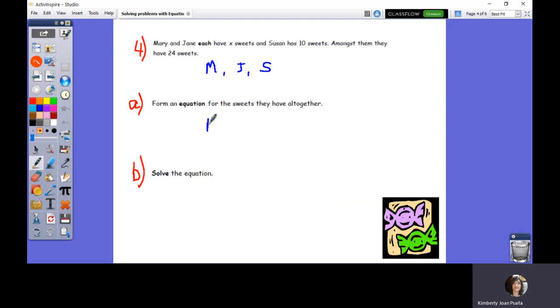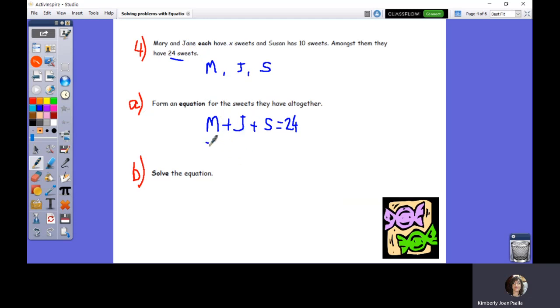So here we have to add all the sweets they have together. So sweets of Mary plus that of Jane plus that of Susan. Altogether, they should make up 24, as he told us before. We know that Mary and Jane each have x sweets.